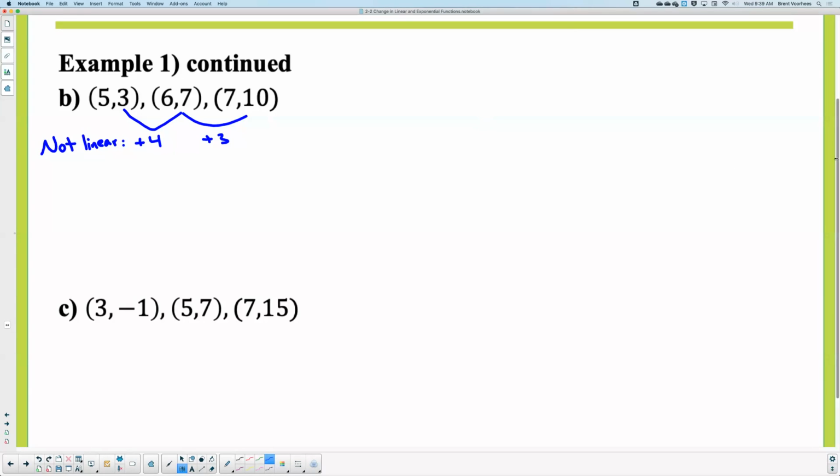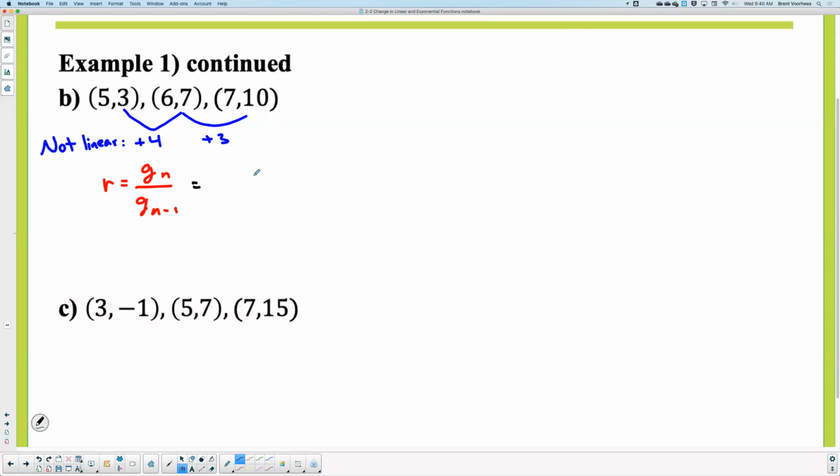Okay, to try exponential, we need to look for a common ratio. So how do you find a common ratio? It's R equals GN divided by GN minus 1. That's right. So we're going to test to see if these are the same. The GN represents the Y values. So take a Y value and then divide it by the previous one.